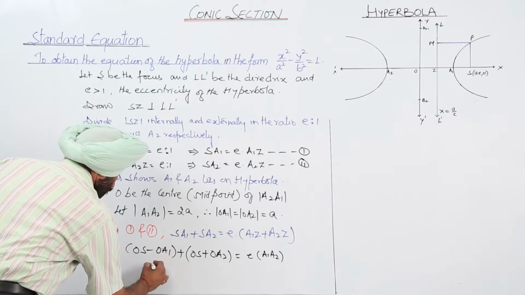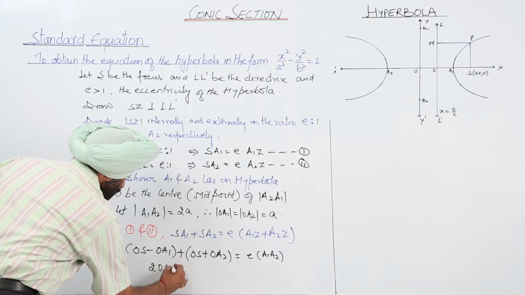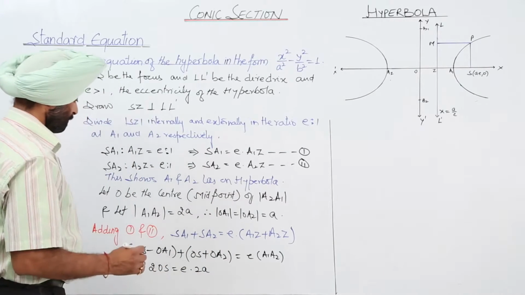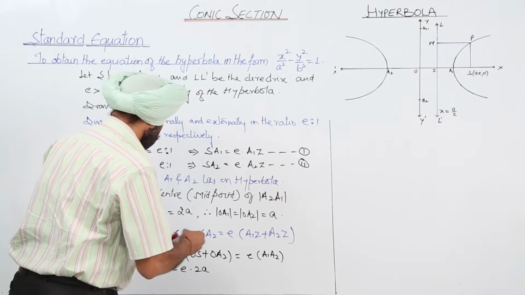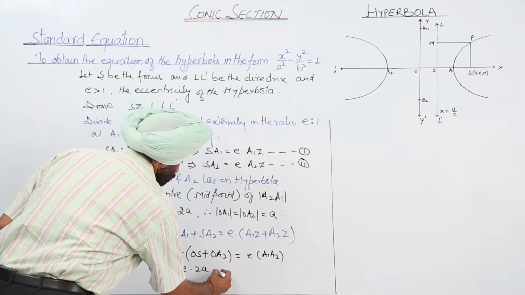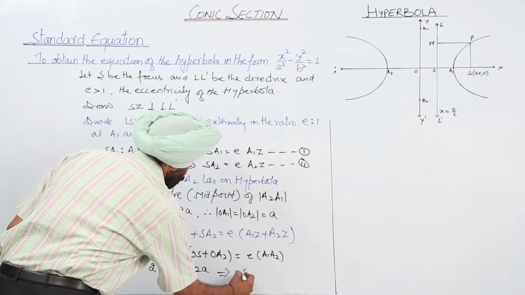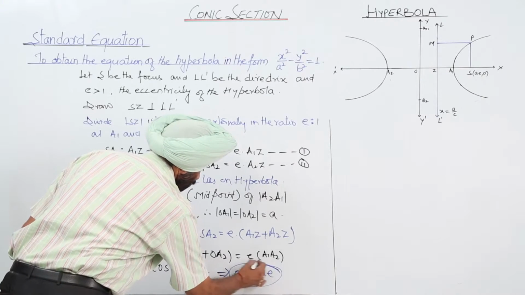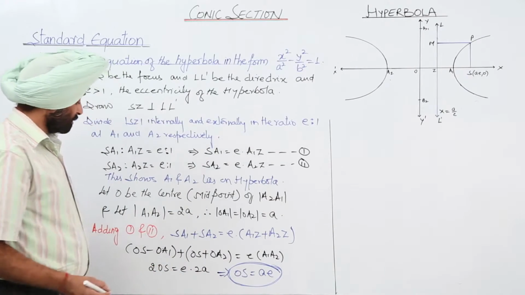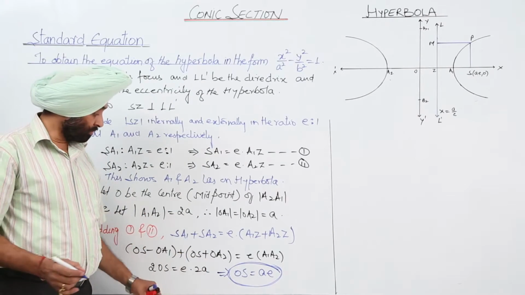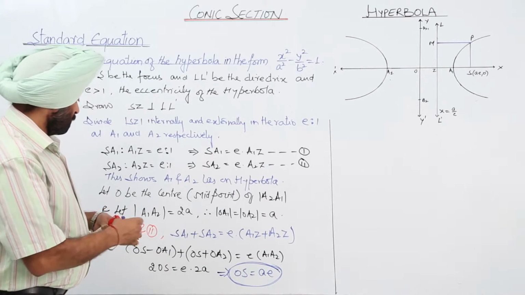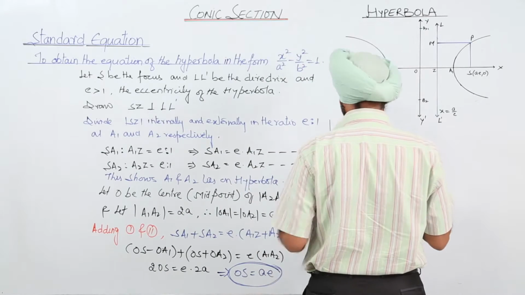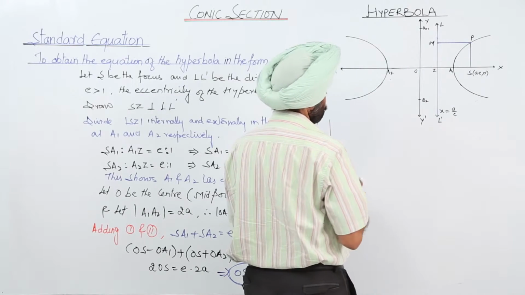So we have twice OS is equal to e times twice a, and OS is equal to ae, one of the major things. Is it clear? OS is equal to ae. Now we have added, now subtracting.